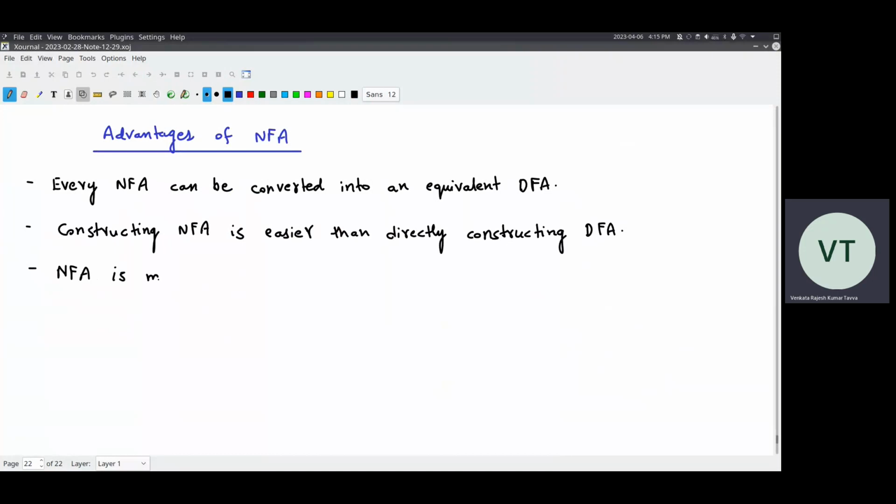An NFA is much smaller than its deterministic counterpart.